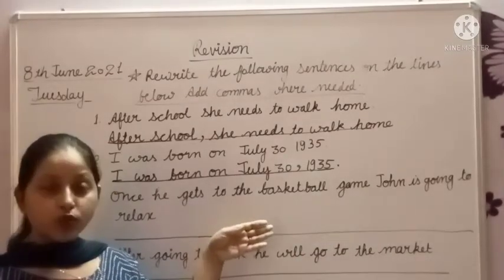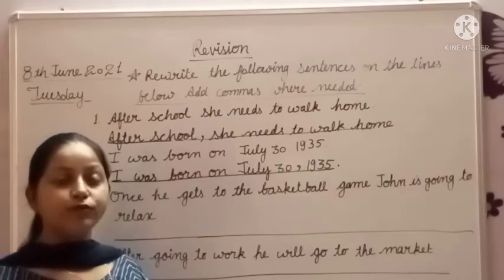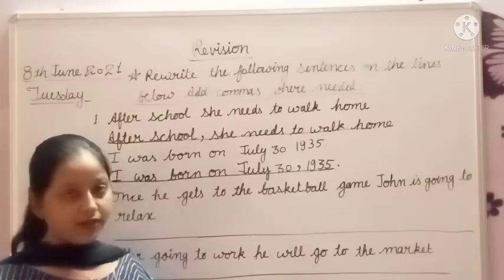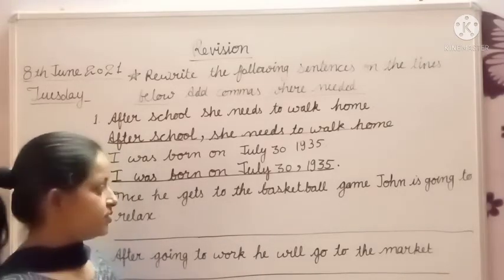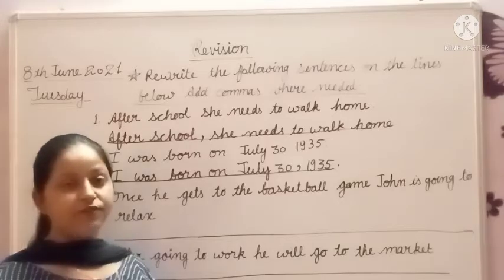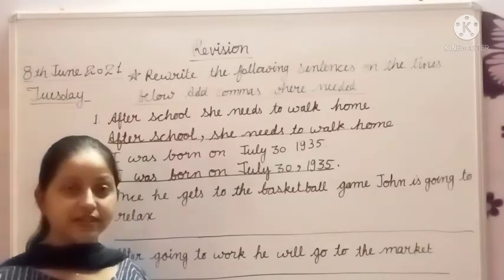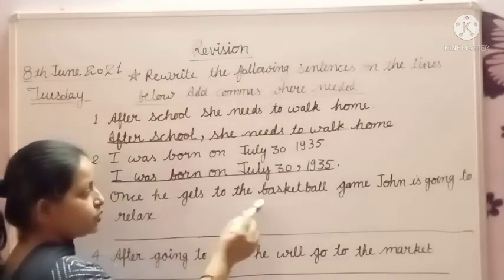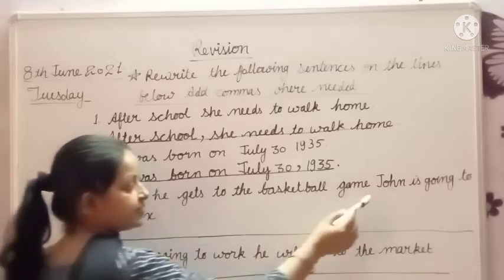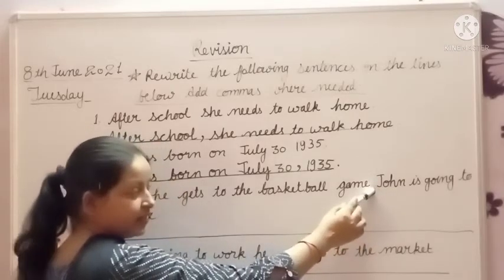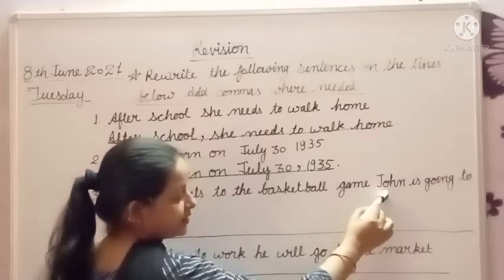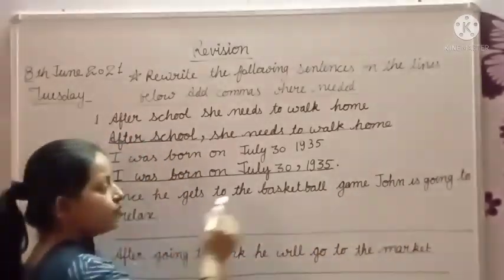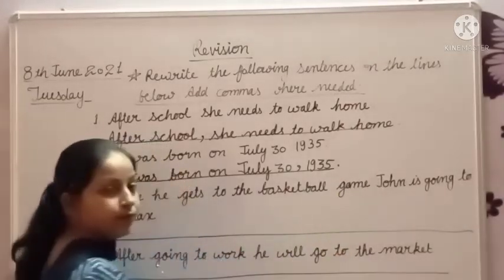Here are two sentences, so we have to use a comma to separate the sentences. Where is the second sentence here? Once he gets to the basketball game, the first sentence is completed here, and the second sentence starts from here: John is going to relax. So we will put a comma after game.